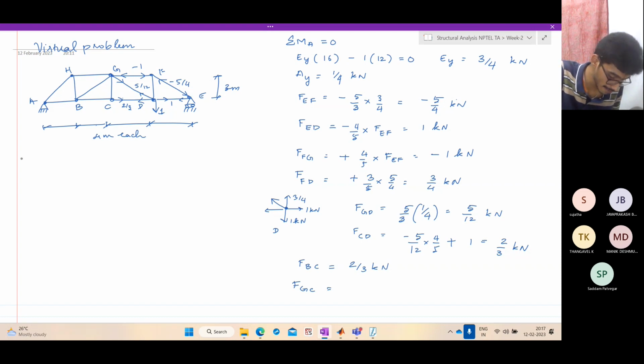Again, we should have AY is 1 by 4. So FAH is minus 5 by 12.